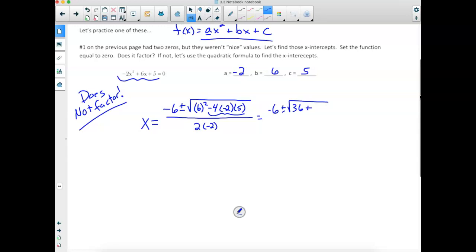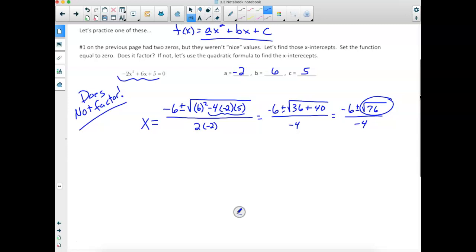And 8 times 5 just gives me 40. And that's going to be over -4. Simplified a little more, I get -6 plus or minus the square root of 36 plus 40, which is 76, over -4.